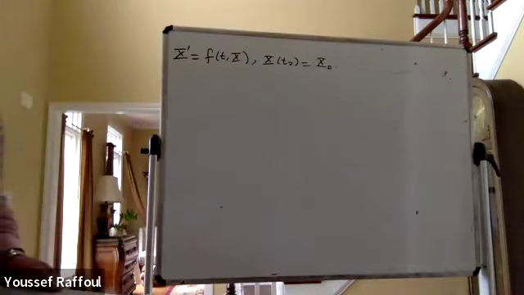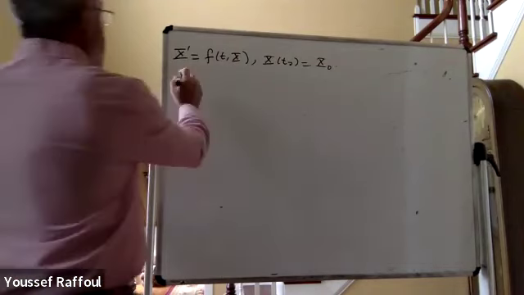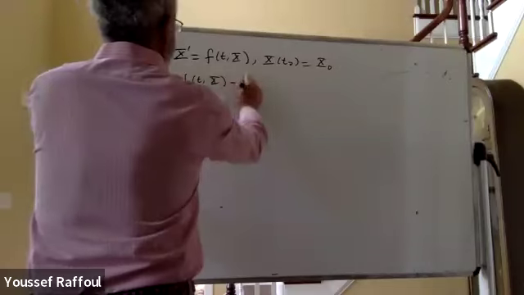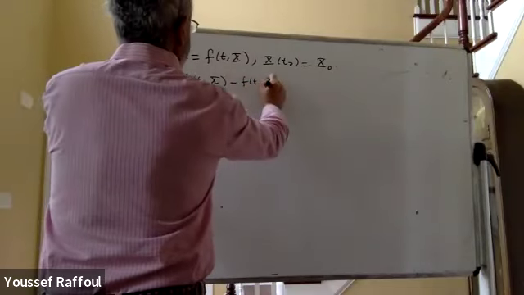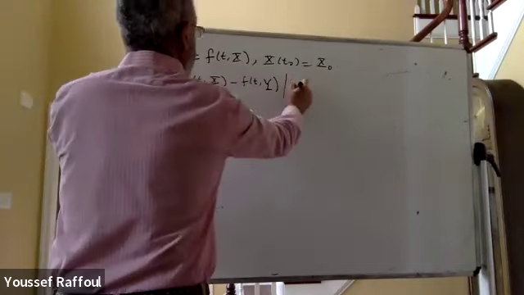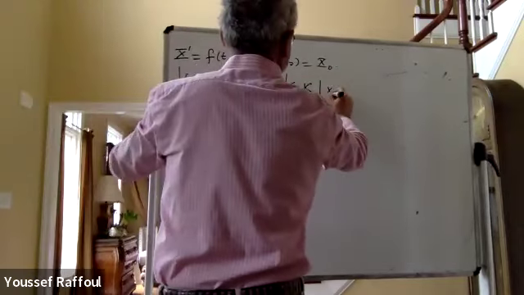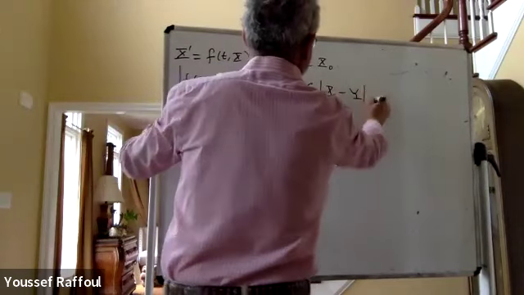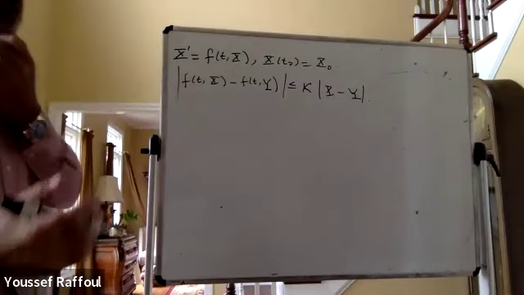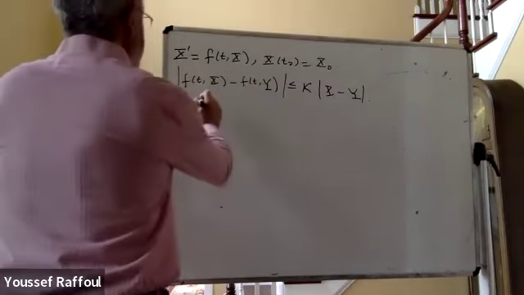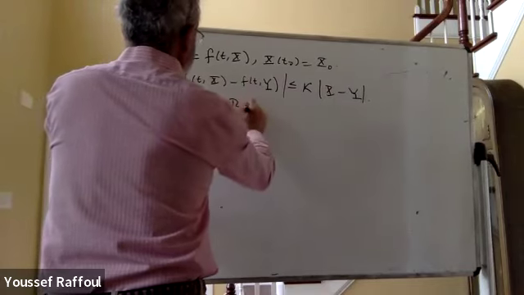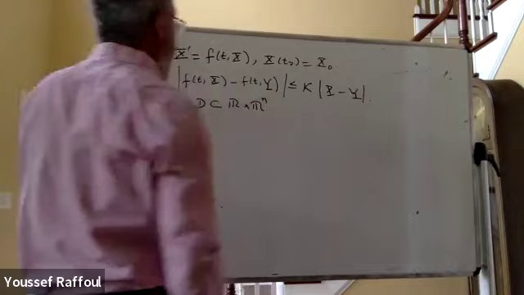And then the Lipschitz condition would be the norm of f(t, X) minus f(t, Y) is less or equal to k times the norm of X minus Y. Okay? So this will be a Lipschitz condition, and your set D is a subset of R cross Rn.